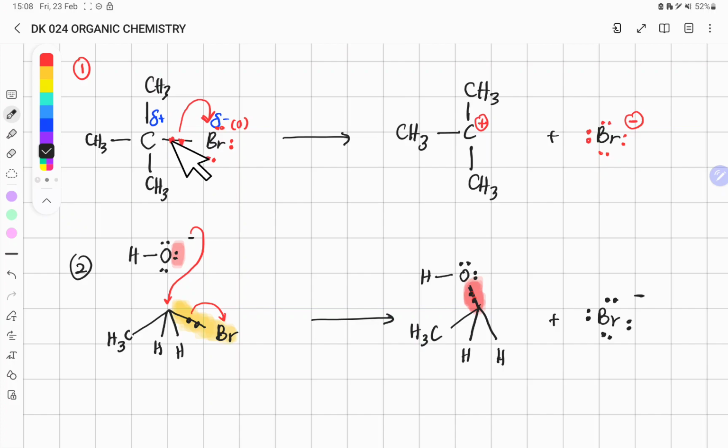Whereas untuk this one, only one step happens, which is bond breaking. And ini adalah benda yang sangat penting dalam mechanism reaction. Mana anak panah pergi, daripada mana dia datang. But fortunately for you, untuk semester ni kamu cuma belajar 2 ke 3 mekanisme sahaja.